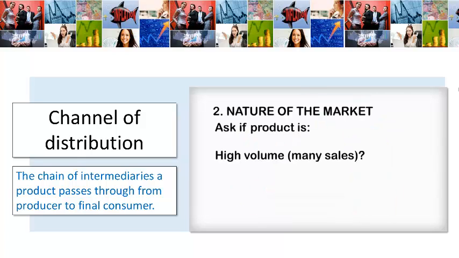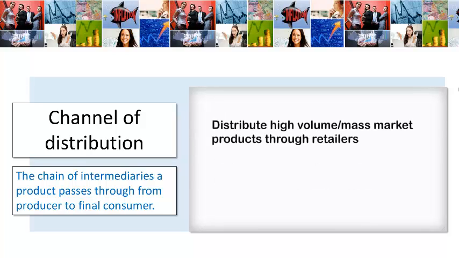High-volume mass-market products have to be sold often to a very large number of customers. There's no such thing as a local toothpaste manufacturer, for instance. The market for this sort of goods is national or possibly international. For that reason, it usually makes sense to distribute mass-market products through retailers.